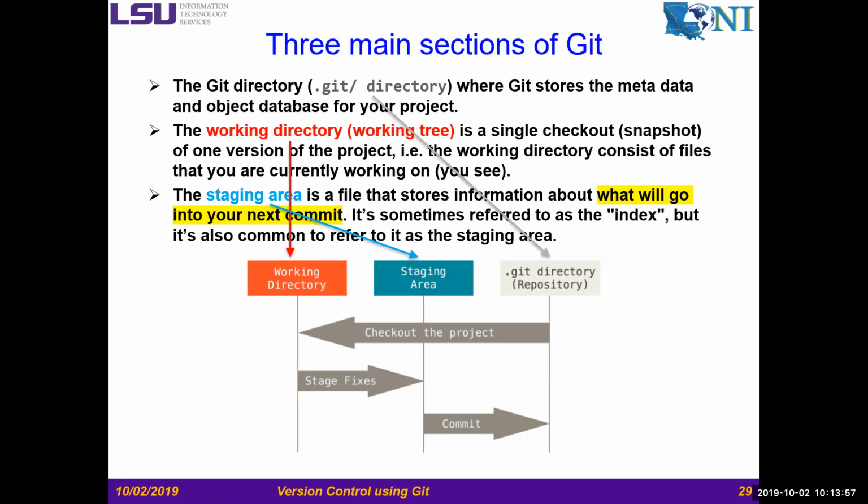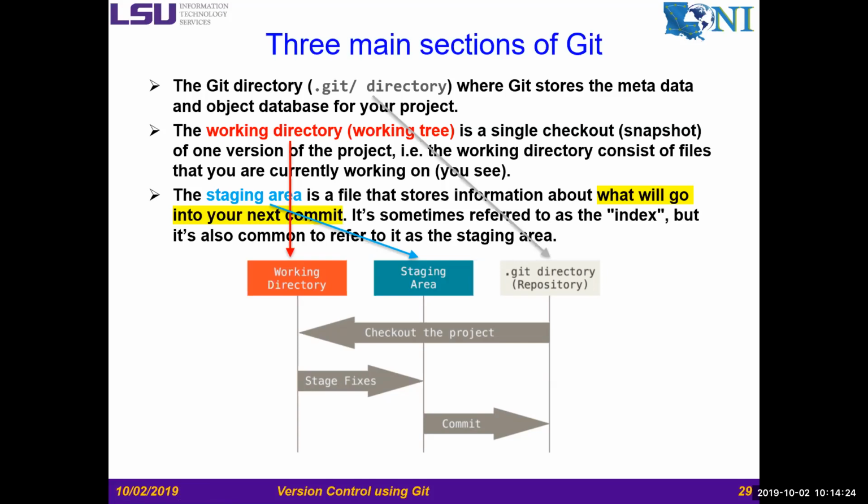And then the second concept is the working directory. Here gives you a definition of what a working directory is. A working directory is a single checkout of one version of the project. That is to say, the working directory consists of files that you are currently working on.